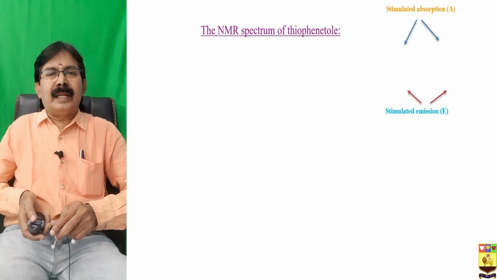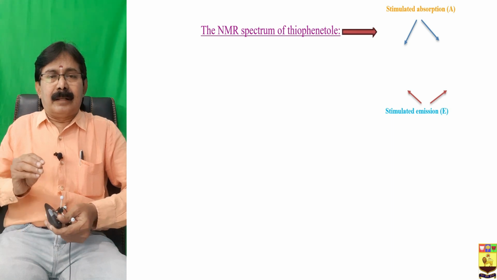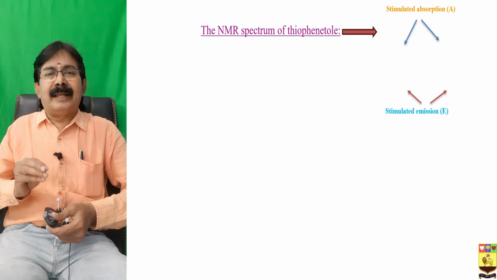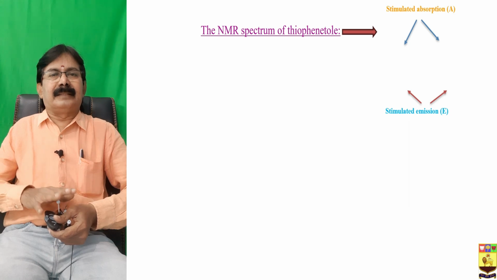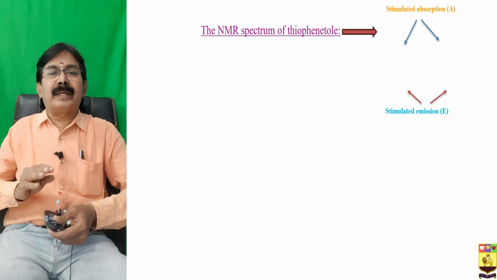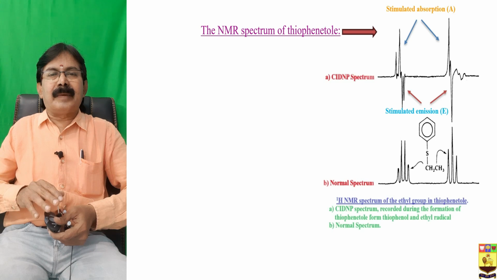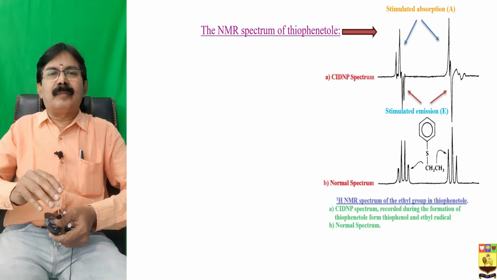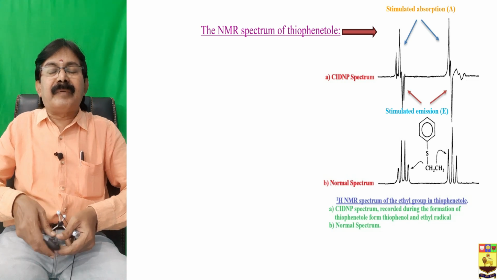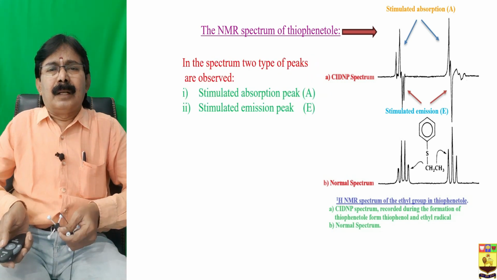So here it involves an ethyl free radical that is easily found out by the CIDNP technique. Let us see how one can find out the presence of free radicals during the reaction, that is, whether the reaction mechanism follows normal molecules or free radical molecules. One can easily find that out by this technique.